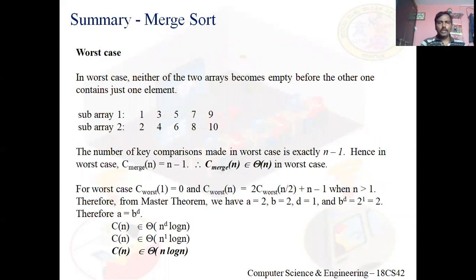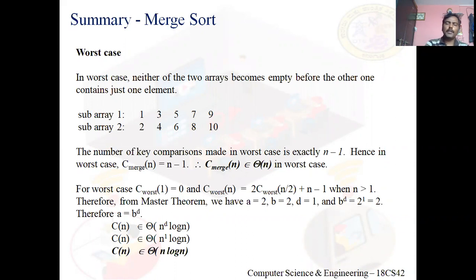I told you in the previous session, you make an attempt at merging these two subarrays, subarray 1, subarray 2. Got it? When you merge, you will find exactly n minus 1 comparisons take place. I repeat, take a sheet of paper and merge these two sorted subarrays, and you will find exactly n minus 1 comparisons while merging.